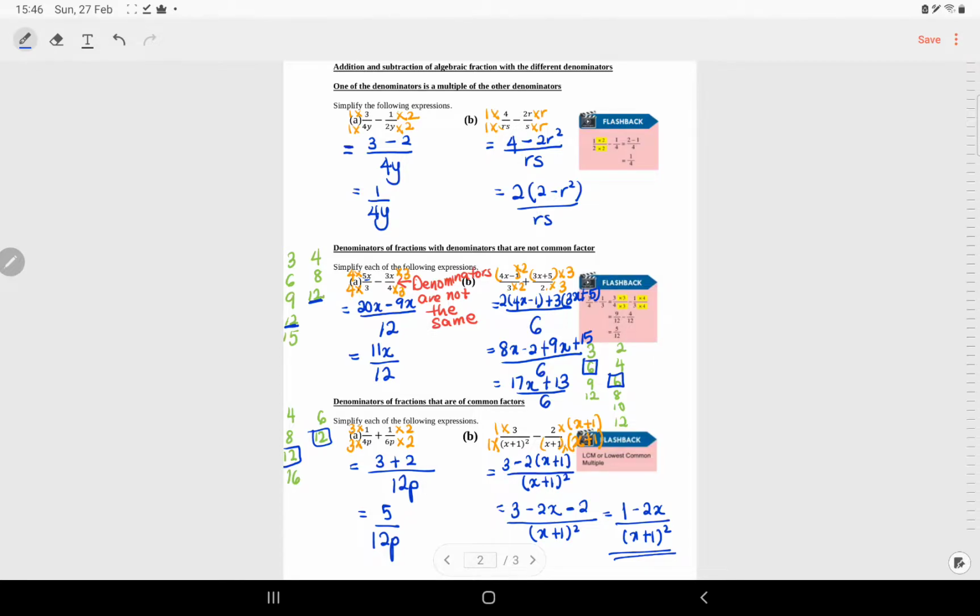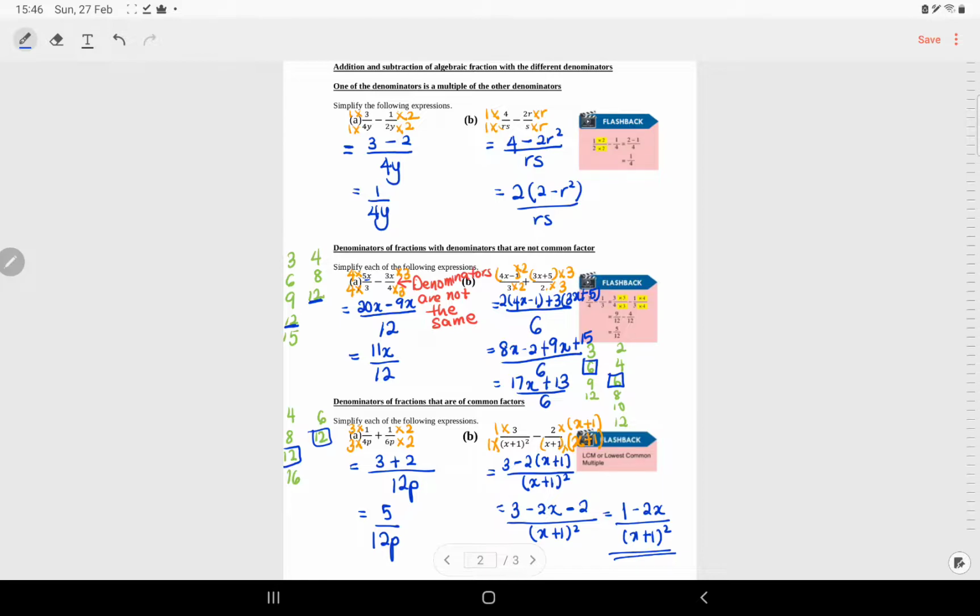Okay, so those are the different types of algebraic expressions that you can get: same denominators, denominators that are multiples of each other, no common factors, or common factors in the denominator. But the point is that you can subtract and add only when the denominators are the same. So before you add and subtract, you need a common denominator.